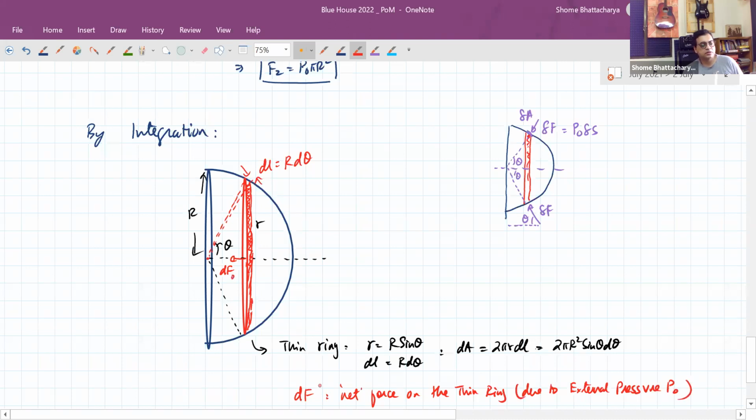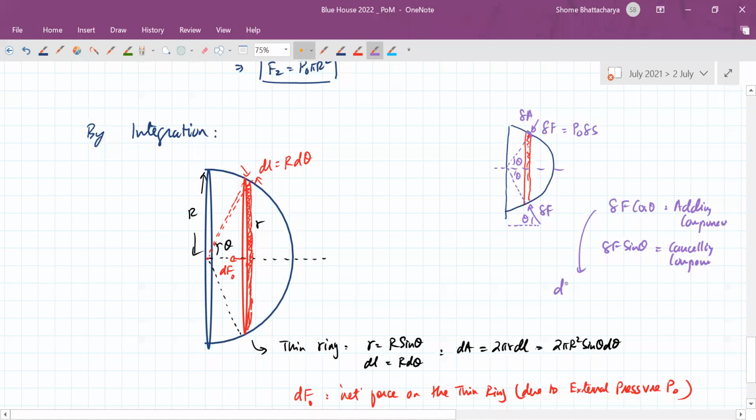Right, let's write this like this. So you can see that over here, delta F cos theta is the adding component, and delta F sine theta is the cancelling component. So this is the external pressure force, right?